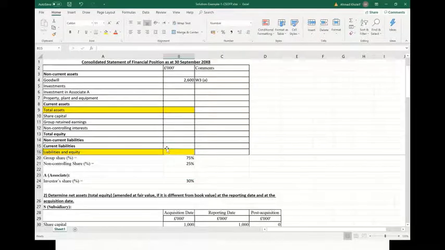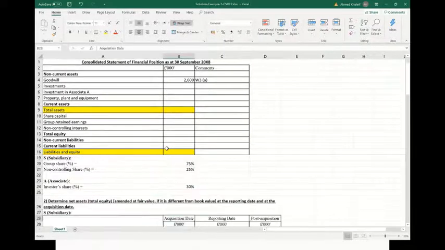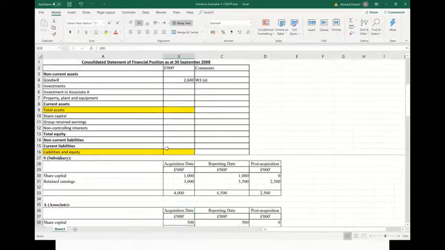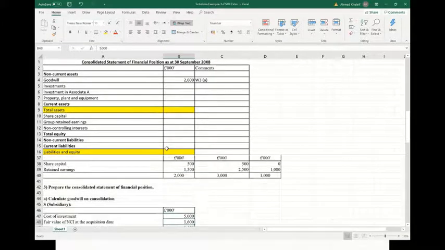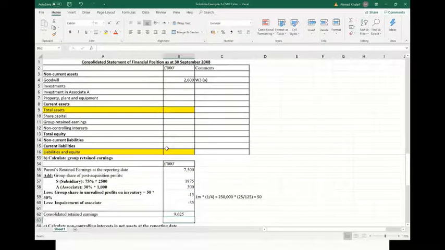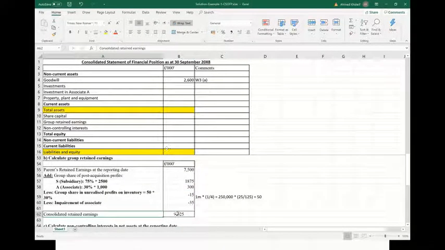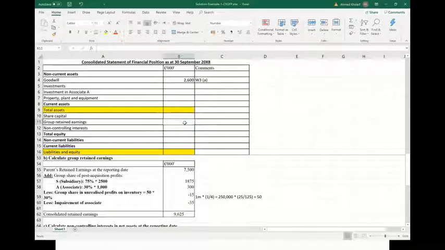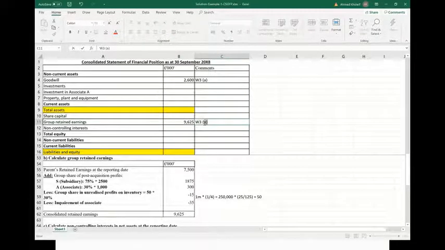And then the next item that we calculated here is the group retained earning. Okay, and the group retained earning is 9,625, and this is mainly according to working 3B.